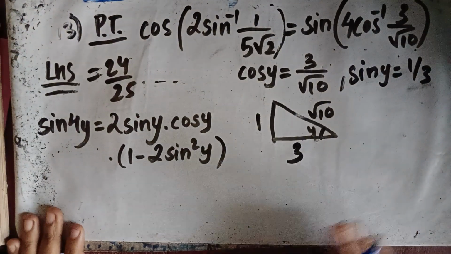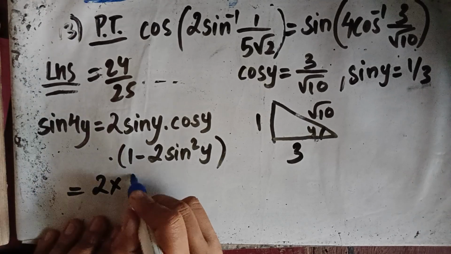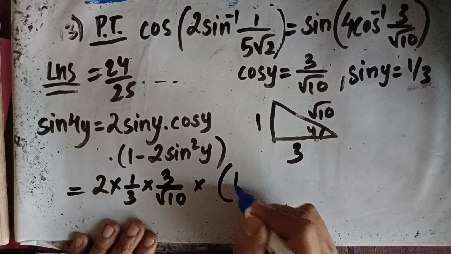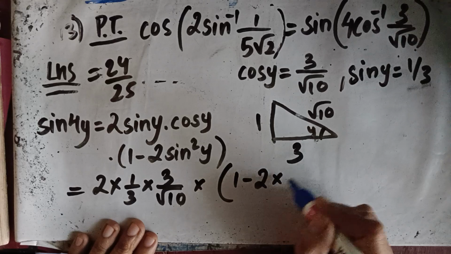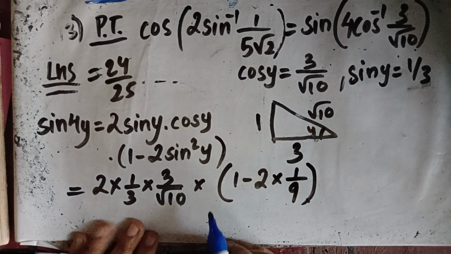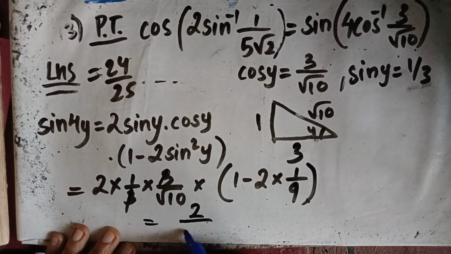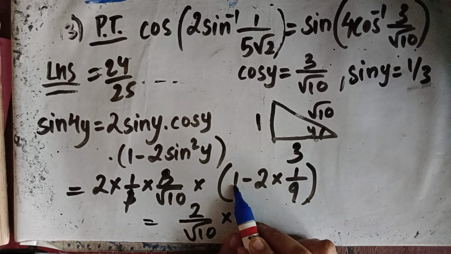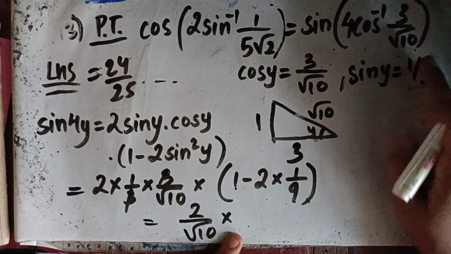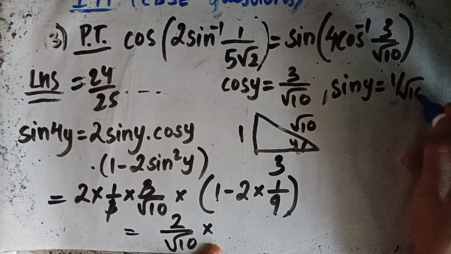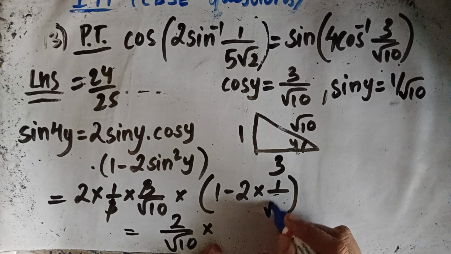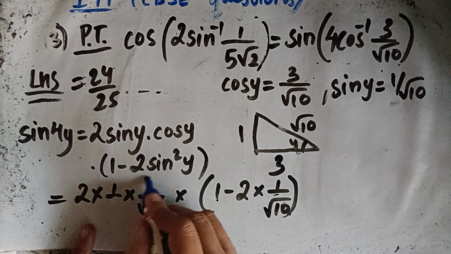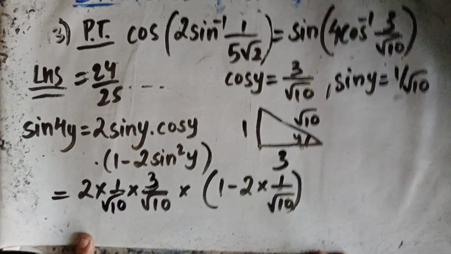So substitute the value. 2 into 1 upon root 10, cos y 3 upon root 10, into 1 minus 2 sine square y, 1 upon 10. Okay.